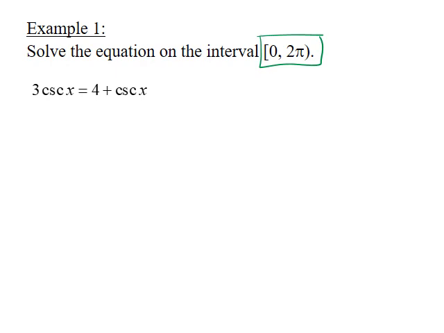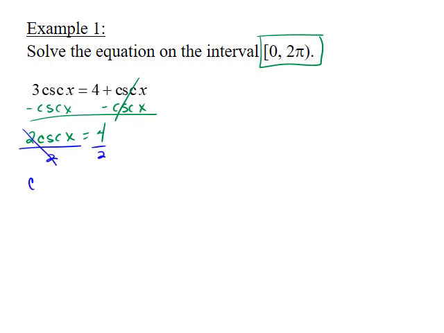So what I'm going to try to do is get the cosecants on one side by subtracting. So 3 cosecant minus 1 cosecant is 2 cosecant, equal to 4. And I'm just going to isolate this cosecant by dividing by 2. So cosecant of x is equal to 2.